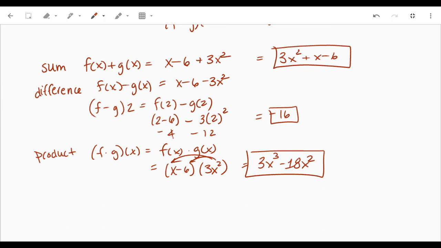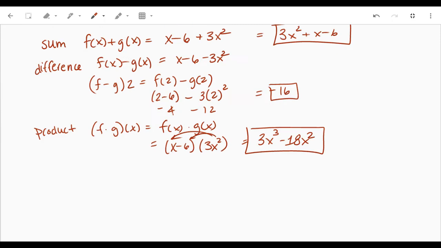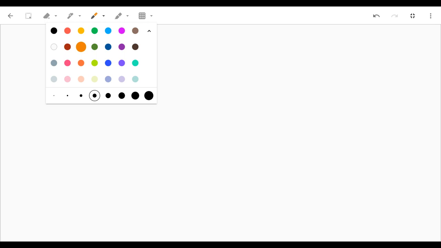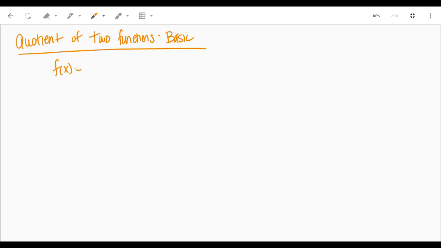All right, next one. Quotient of two functions, and they're calling this one basic. Okay, so suppose that we have f of x is negative 5 plus 4x squared, and g of x is 2 minus 9x, and they want us to find f over g of negative 3.